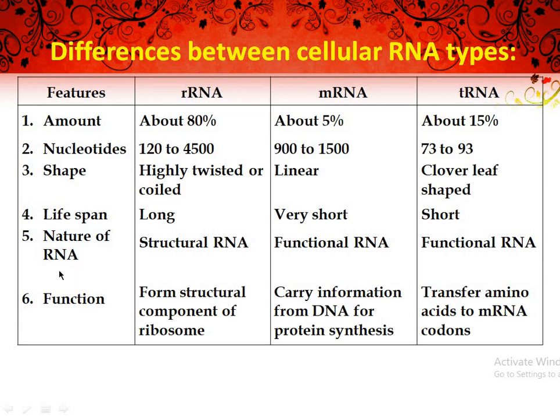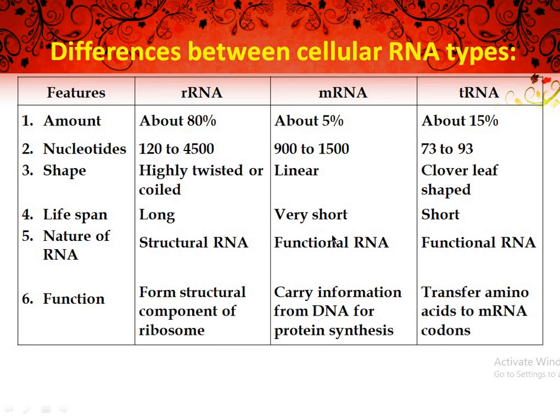Now about the nature of the RNA, the ribosomal RNA is a structural RNA because it forms the structure of the ribosomes. Whereas mRNA and tRNA are the functional forms of RNA, because mRNA is involved in the function of carrying the messages, and transfer RNA is responsible for transferring the amino acid to the site of protein synthesis.